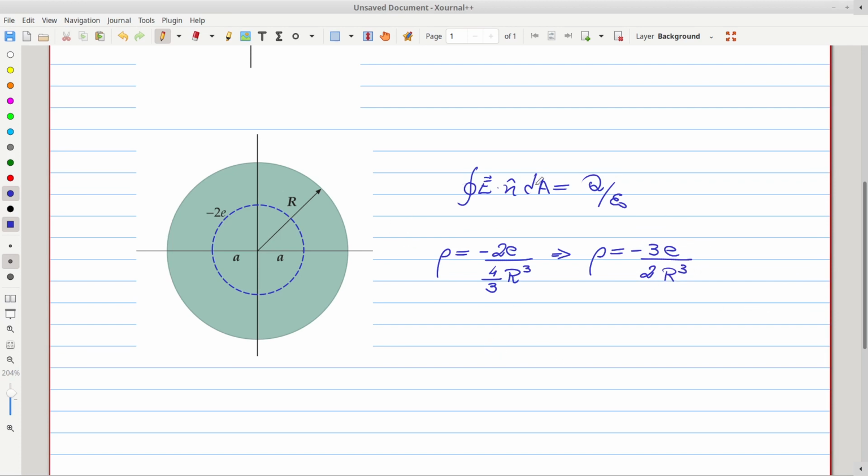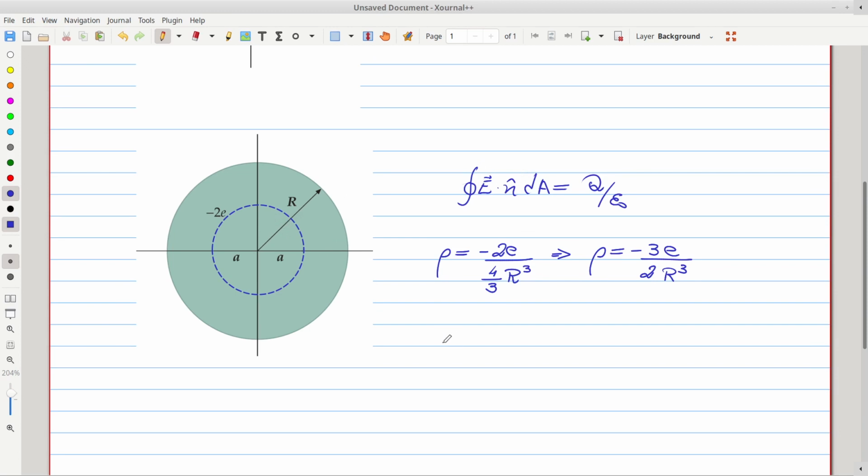To compute the flux of the electric field, we consider that the magnitude of the electric field will not vary on this surface because of the symmetry of the problem, and the electric field and the normal vector to the surface will always be pointing outwards.